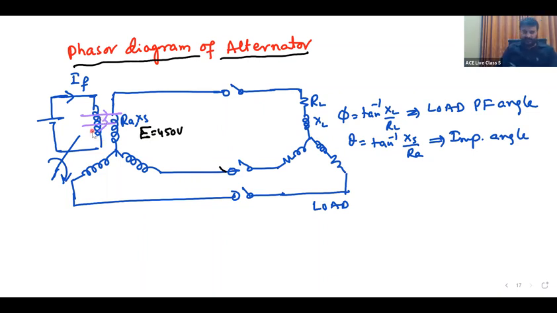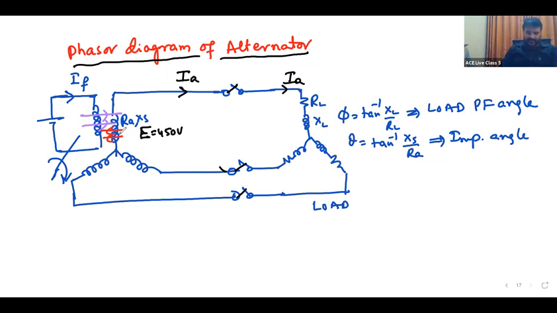With DC excitation, now connect the load. When the load is connected, the load current, the armature current, comes into the picture. Due to the load current, it produces armature flux in the opposite direction. The net flux will decrease.